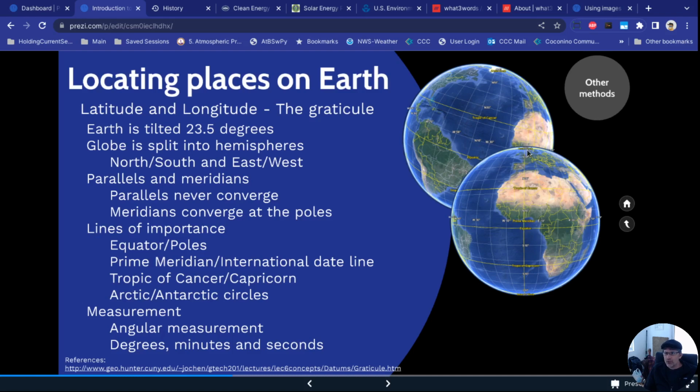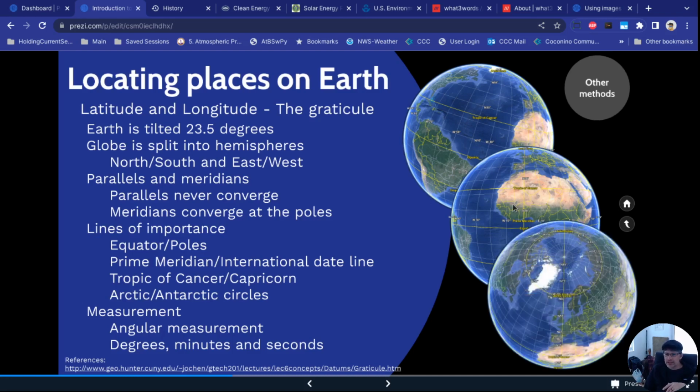So North Pole would be 90 degrees north, South Pole would be 90 degrees south. The parallels don't ever converge, and they never cross. They do get a little bit closer together as you get up towards the pole, but they don't actually converge.